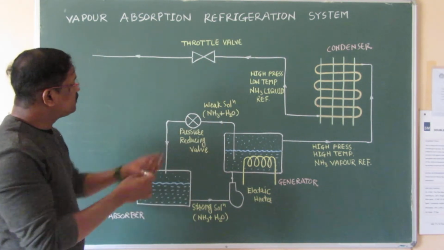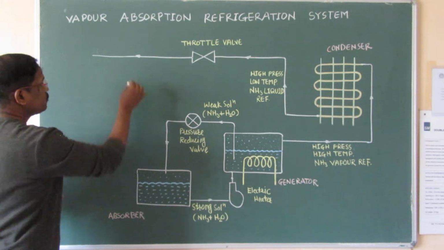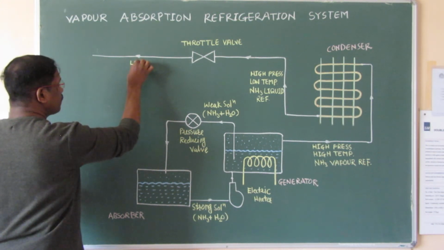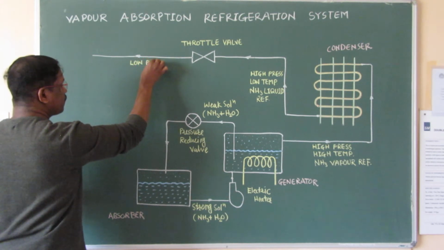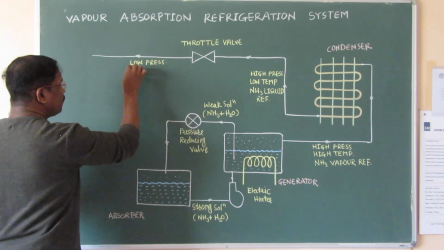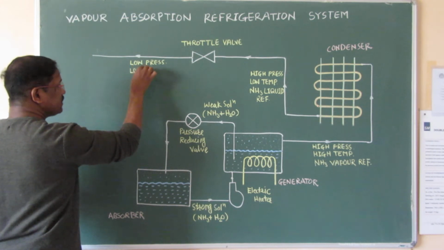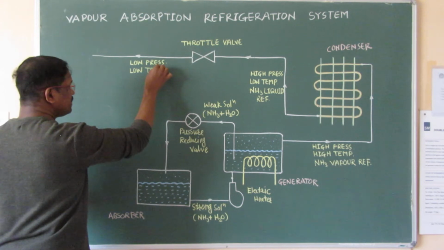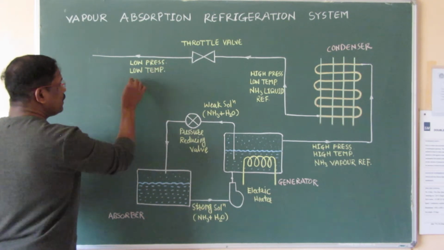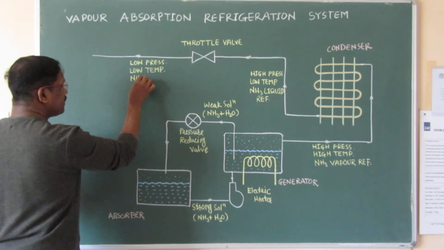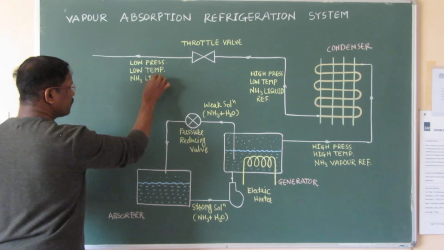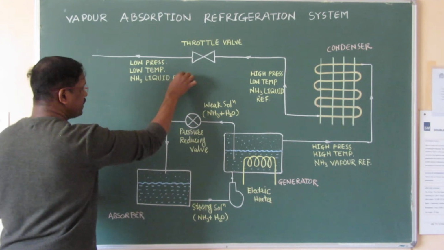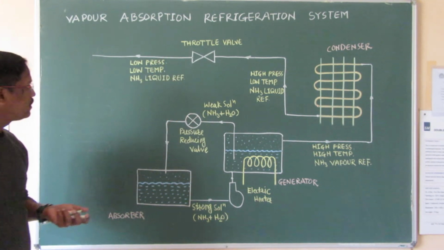So the output of this throttling process gives low pressure, low temperature, because it is not going to affect the temperature. So the temperature remains as it is, low temperature, and liquid refrigerant. So our ammonia liquid refrigerant phase.